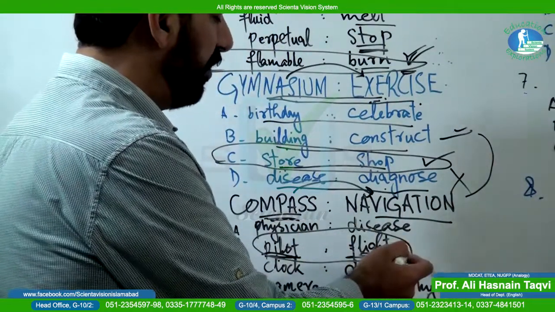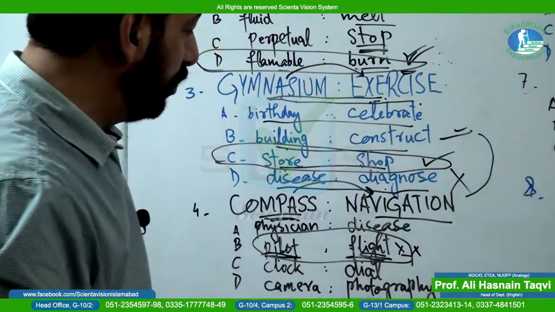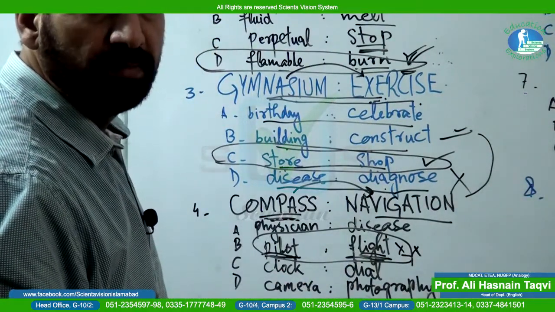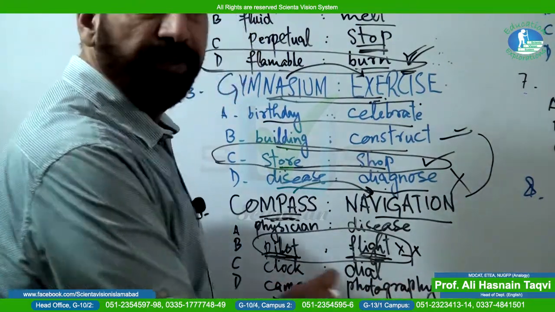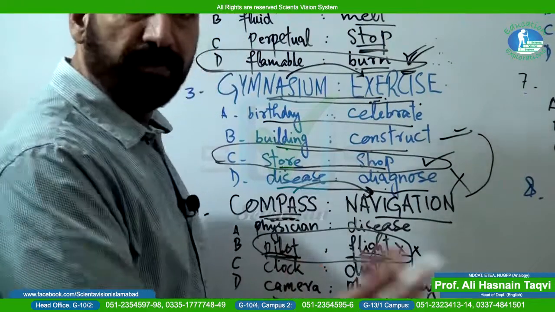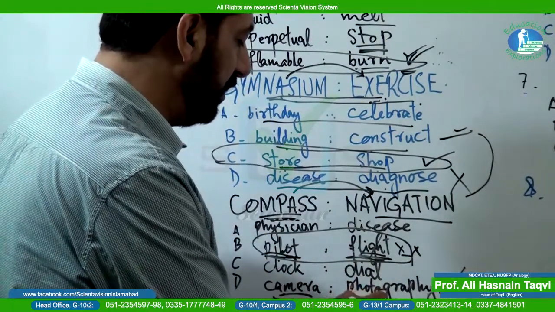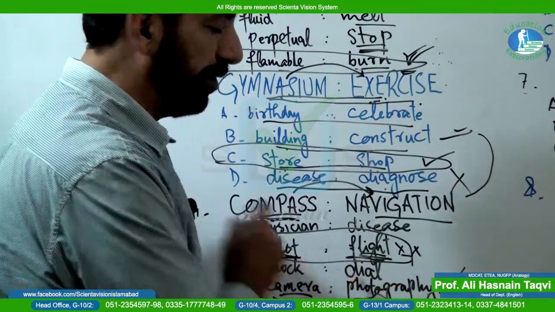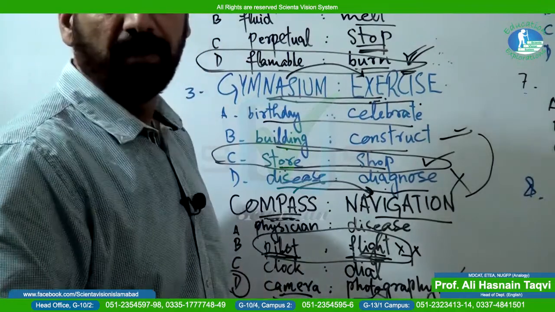Since we have crossed this out, now see, clock is the tool that is used for dialing. No. Camera is a tool that is used for photography. Yes, very easy to understand. It is a tool that is employed to perform photography. So our correct option is delta.